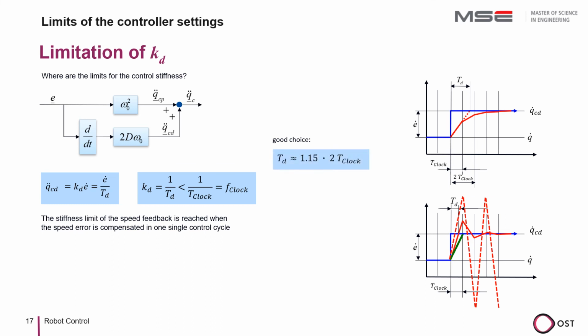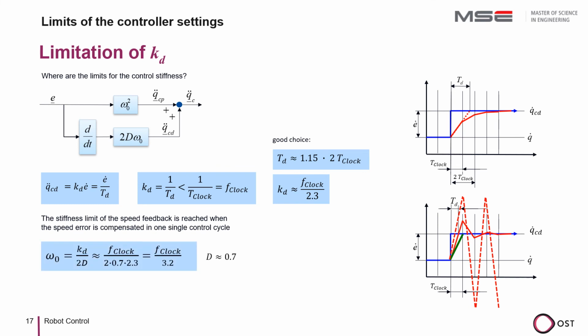In my personal experience, with a factor of 2, a safety factor of 1.15 is usually already sufficient, which is extremely close to the optimal point. Thus, Td must be larger than 2.3 times T clock, respectively Kd must be 2.3 times smaller than F clock.